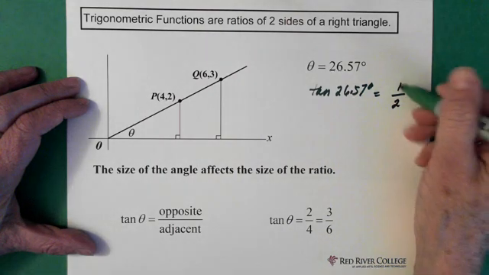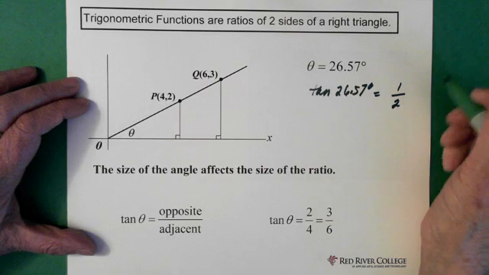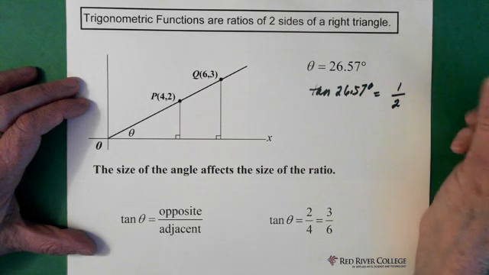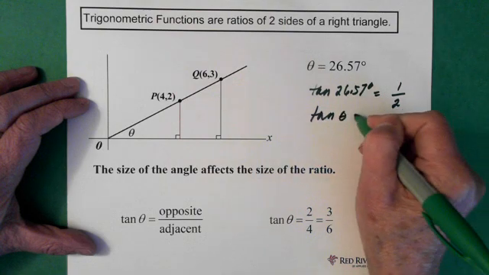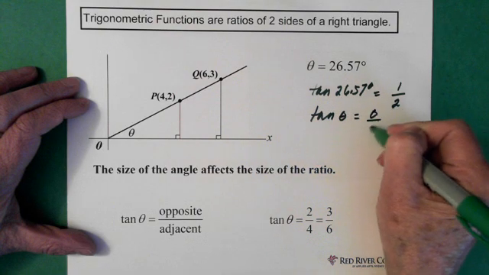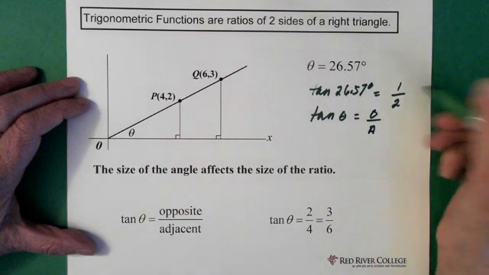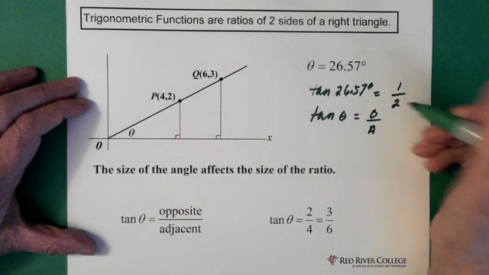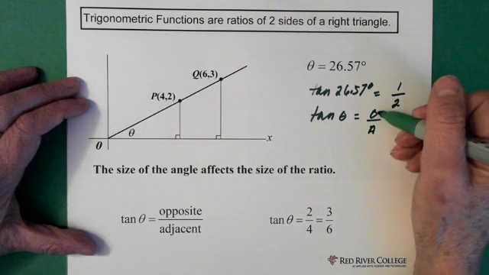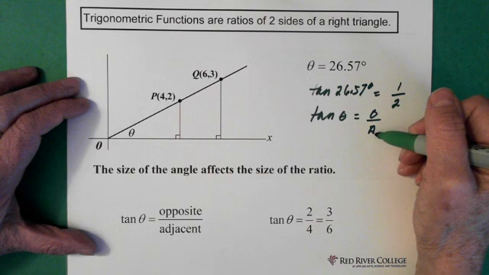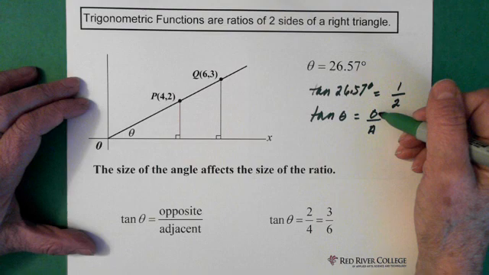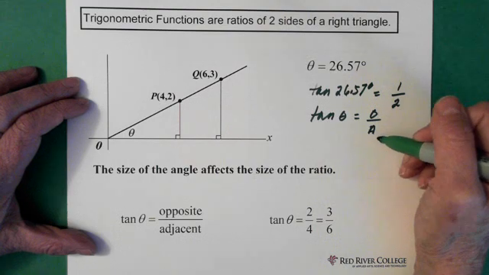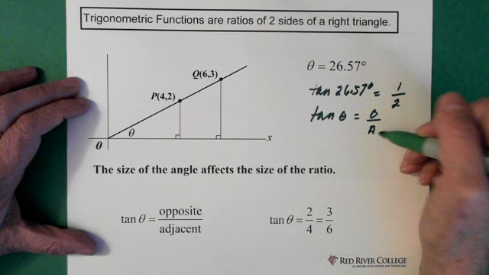Right? So that's the ratio of the opposite side, reminding ourselves that the tan of the angle is the opposite side over the adjacent. So 1 over 2 is the ratio of the opposite side over the adjacent side. So the opposite side is half of the adjacent side.